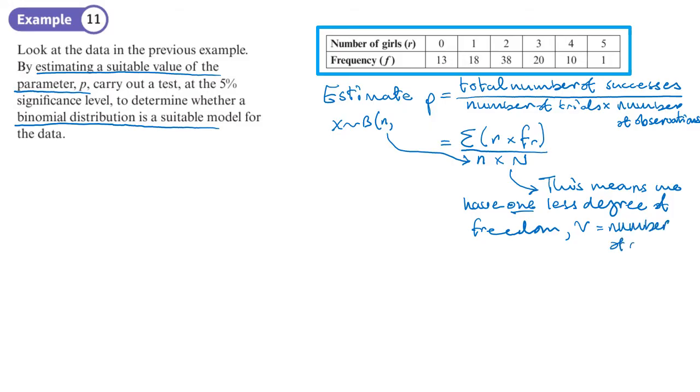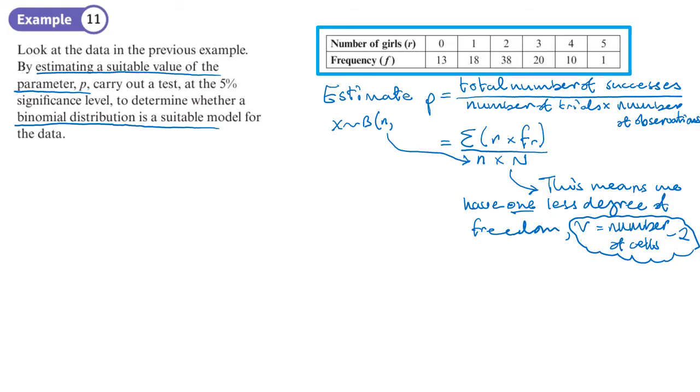That's important because normally we've just been taking one away, and that's after combining again. So the first thing we're going to do is estimate the probability, and that way then we can set up H0 and H1.